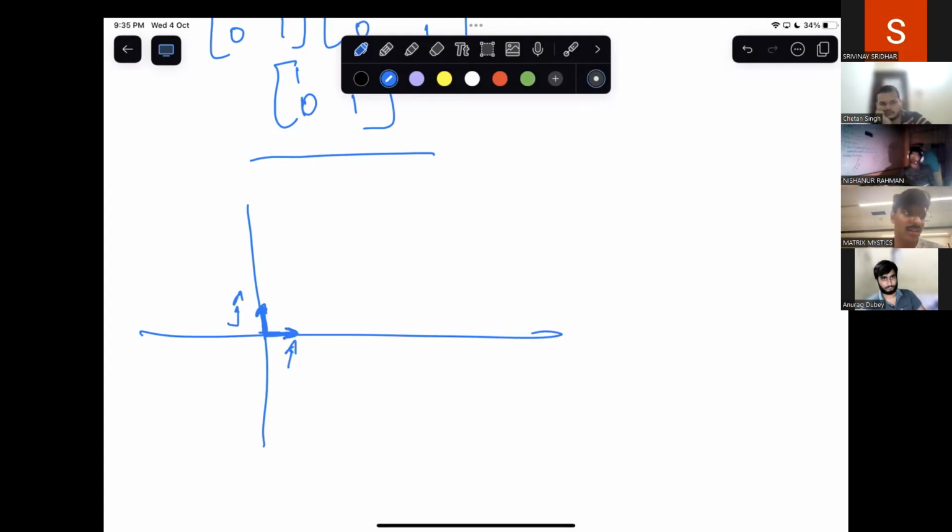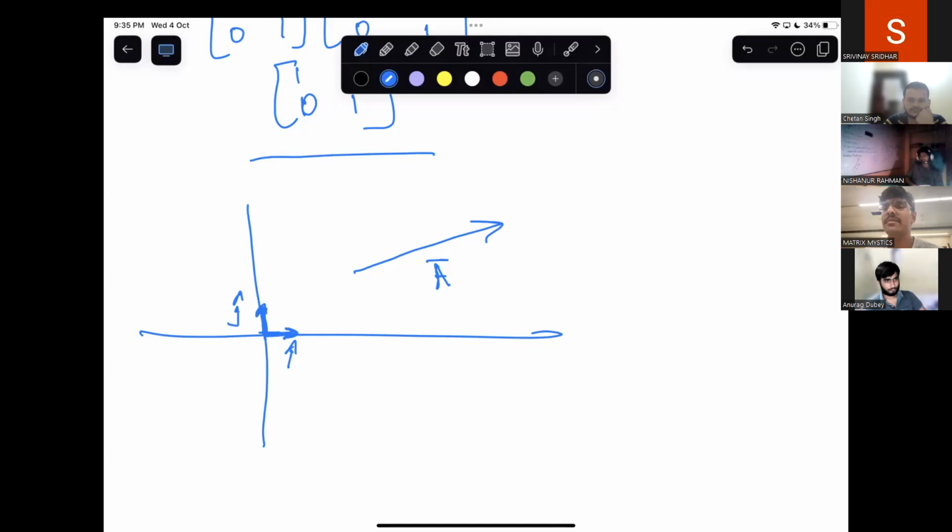We also discussed in previous lectures that we can represent vectors in multiple forms. We have learned in high school physics probably that vectors are quantities which you can represent with a direction and a magnitude. So a vector A will have a particular direction and a particular magnitude.